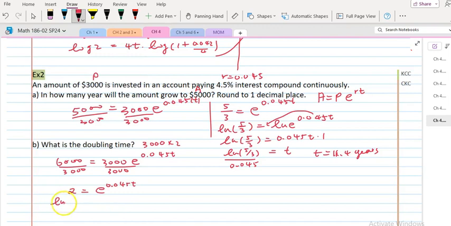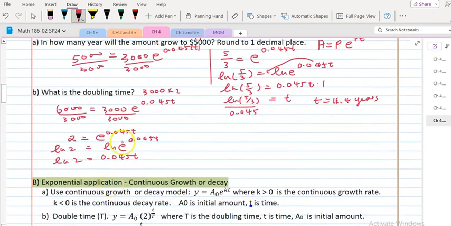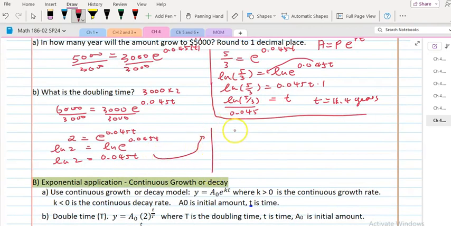Do ln. ln 2 equal to ln e to the power 0.045 t. The t moves out, that means ln 2 equal to 0.045 t times 1. And then we just divide, right? So ln 2 divided by 0.045 would equal t.